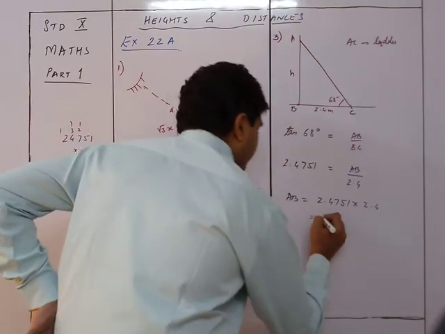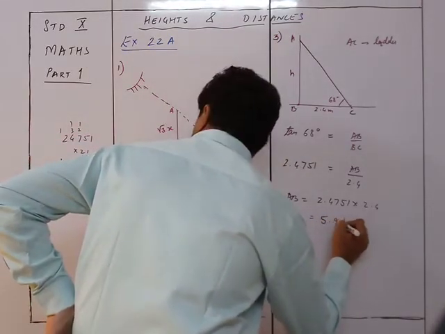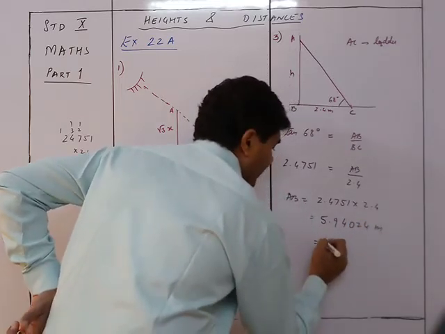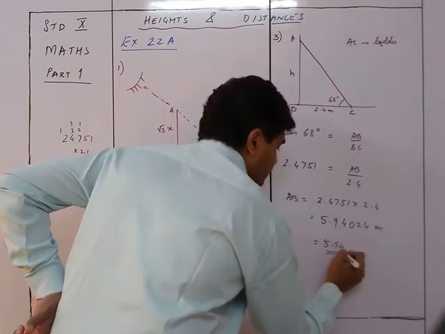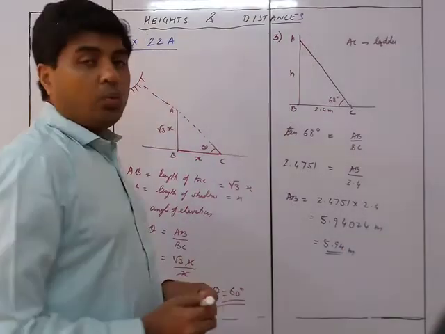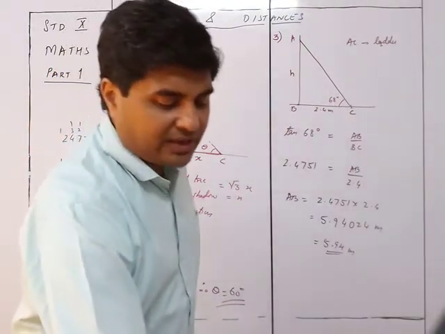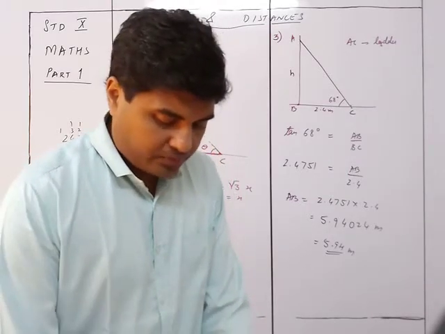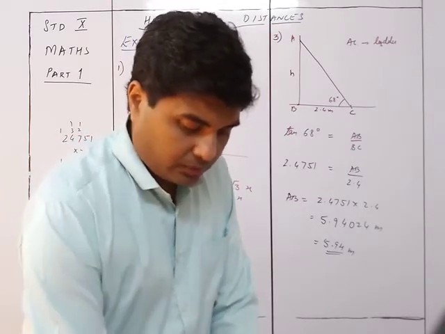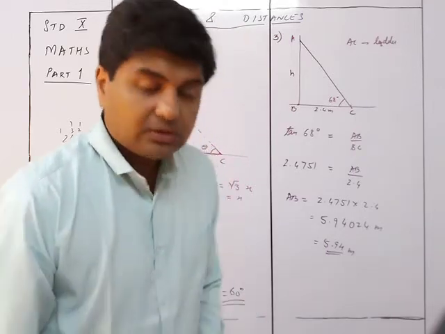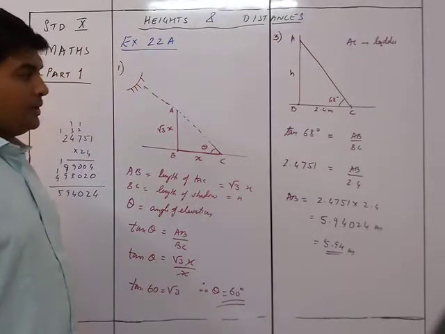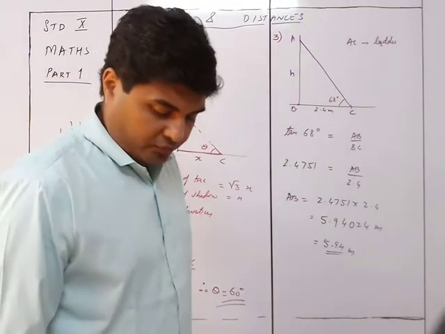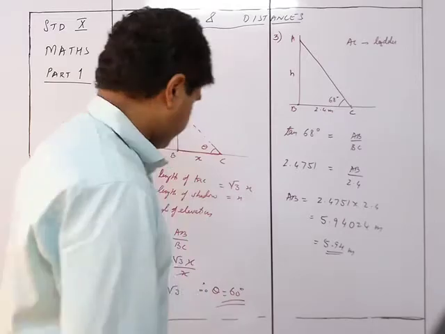So it will be 5.94024 meters, which is nothing but 5.94 meters. So the height to which the ladder could reach, the top, will be 5.94 meters. Okay, so that was sum number 3. Up till now, quite easy sums. So we move further to sum number 5.